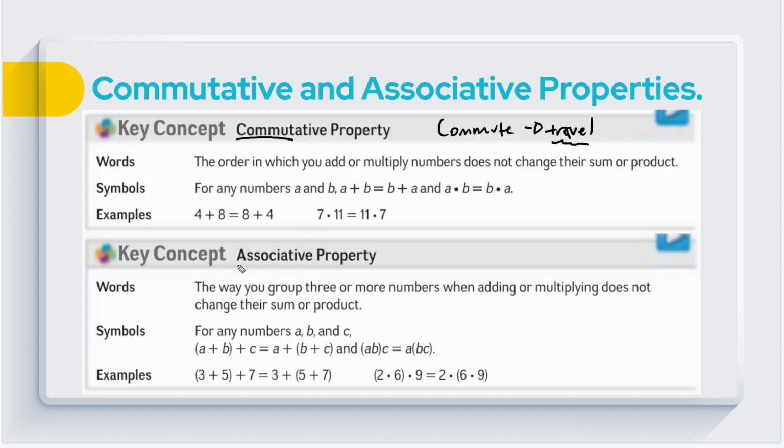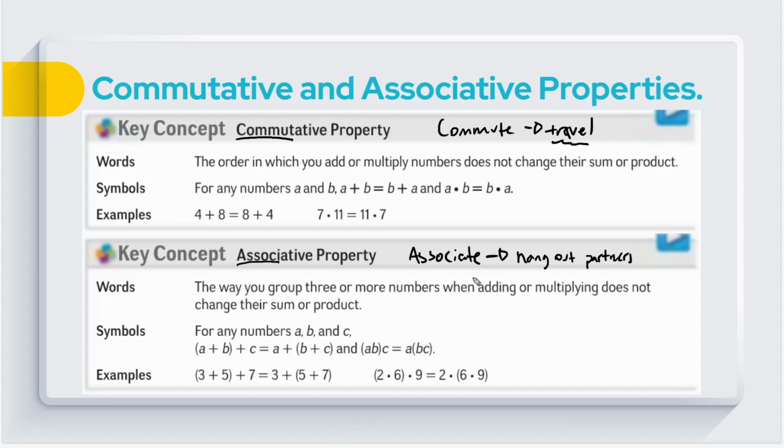The associative property has this root word, associate. To associate means like who you hang out with. Hang out partners. Who I hang out with, who I associate with, are people who are nice and generous and friendly and honest.